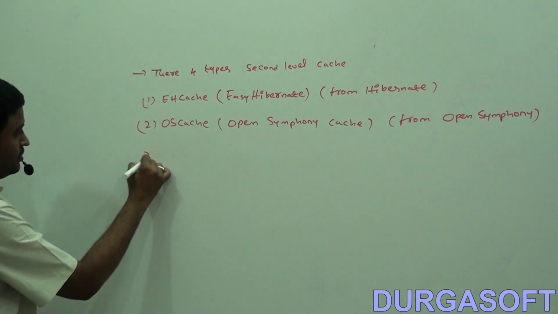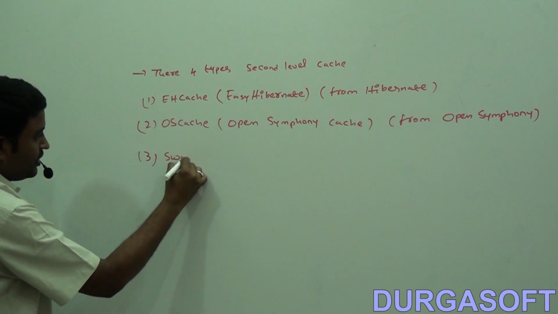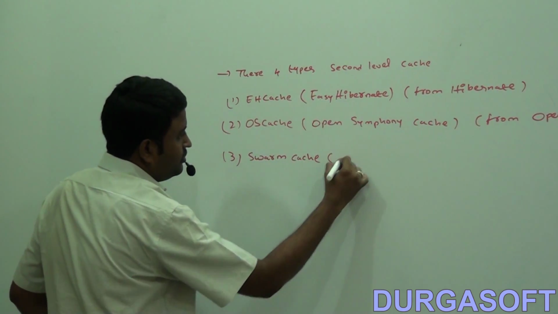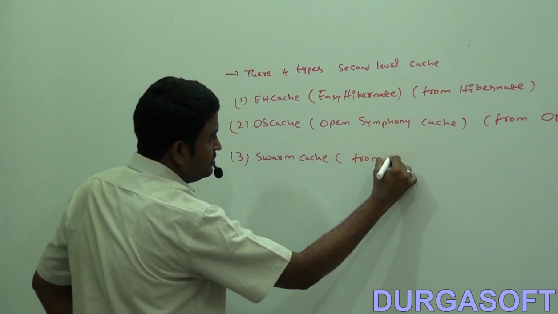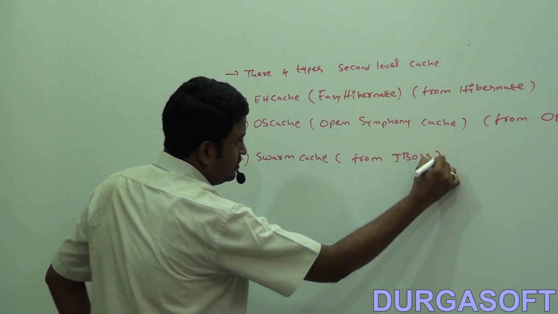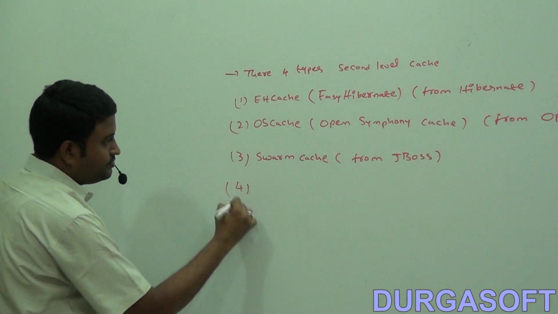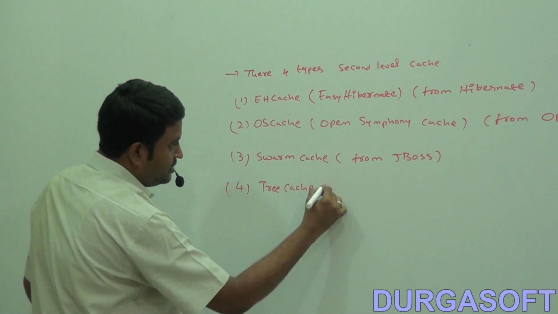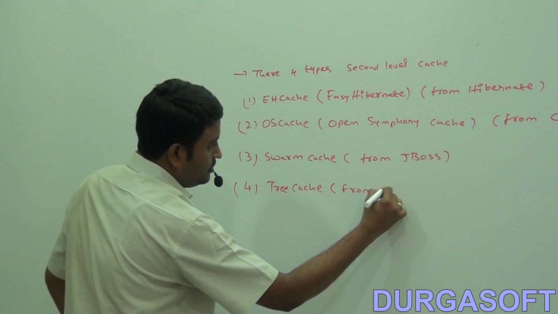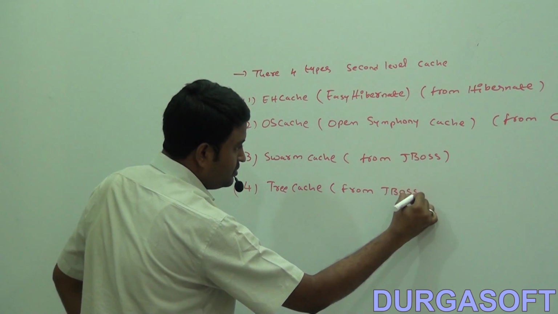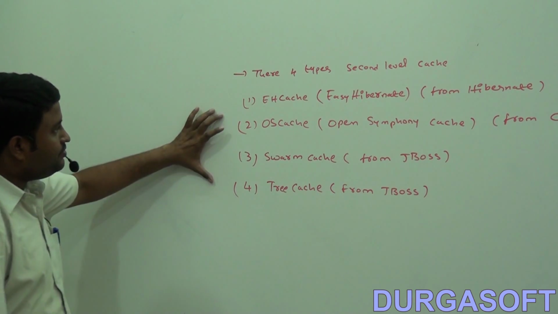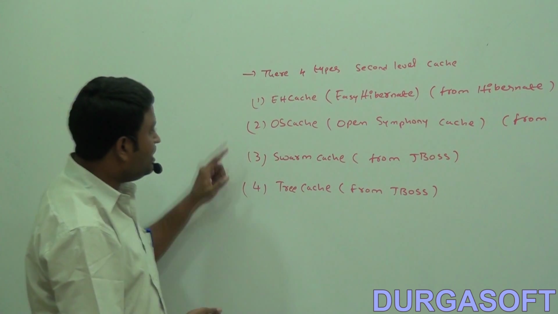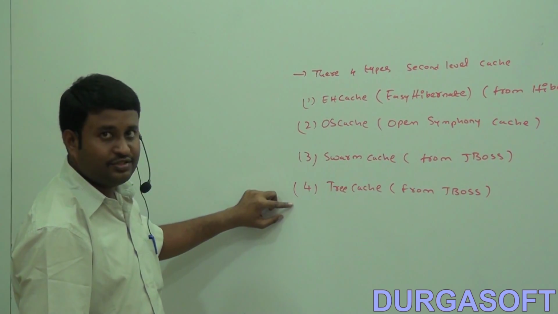Third one, Swarm cache, from JBoss. And fourth one, tree cache, from JBoss. In these 4 types, EHCache is the only one from the Hibernate framework, the remaining are from other vendors.